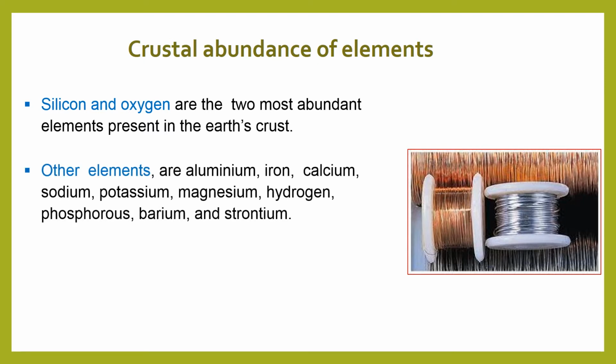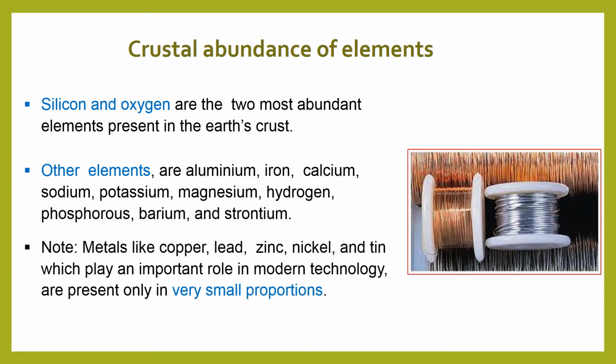Other elements just constitute the rest of the percentage, such as aluminum, iron, calcium, sodium, potassium, magnesium, hydrogen, phosphorus, barium, and strontium. And metals like copper, lead, zinc, which really are important elements, are present in only very small proportions.